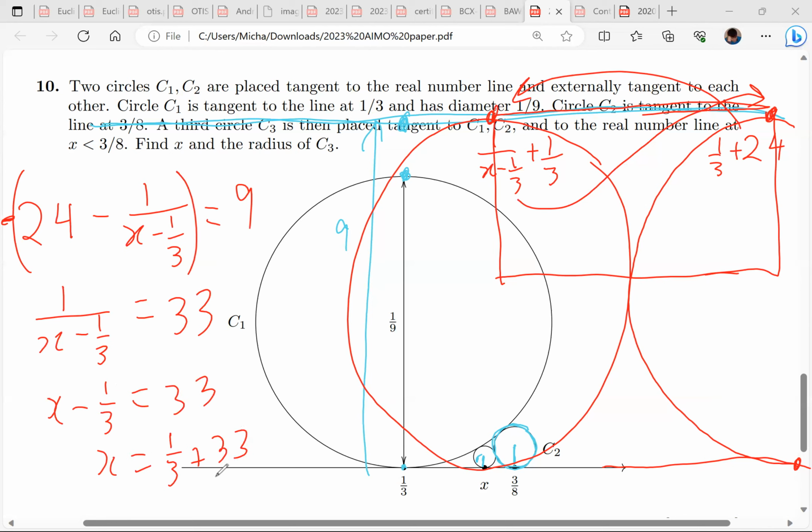So that means we know x is actually 1/3 outside of 1 plus 11. Wait, sorry, it's 1 over 33.